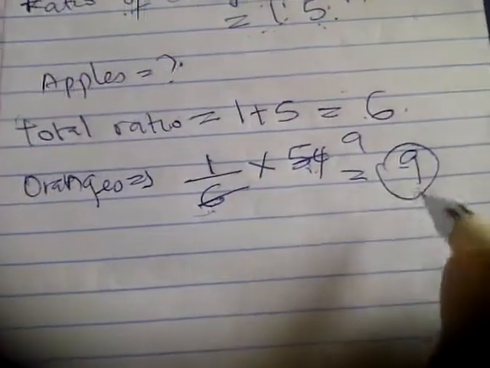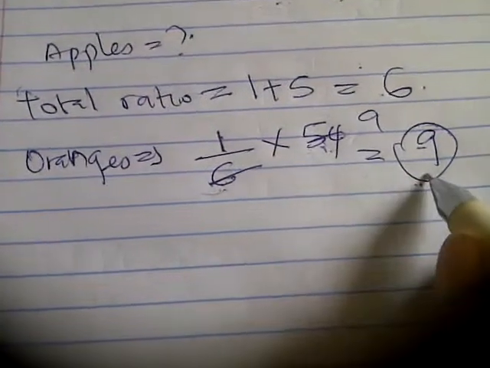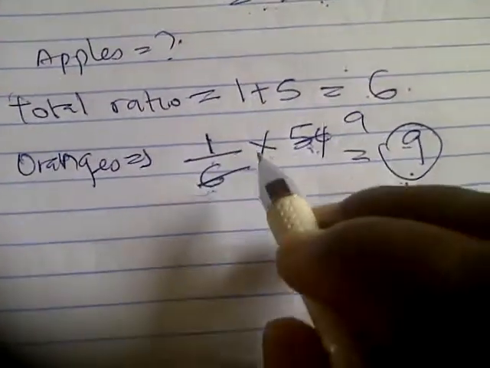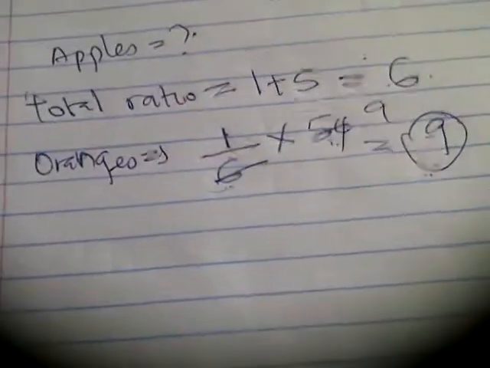So doing this cancels, this is 9. So the real number of oranges in that box is 9, though the ratio is 1. That's how we solve that.